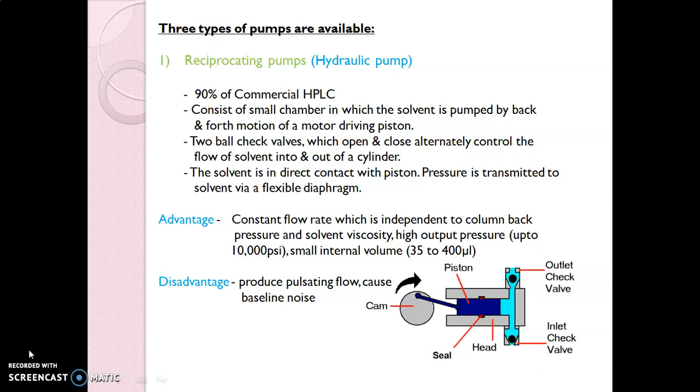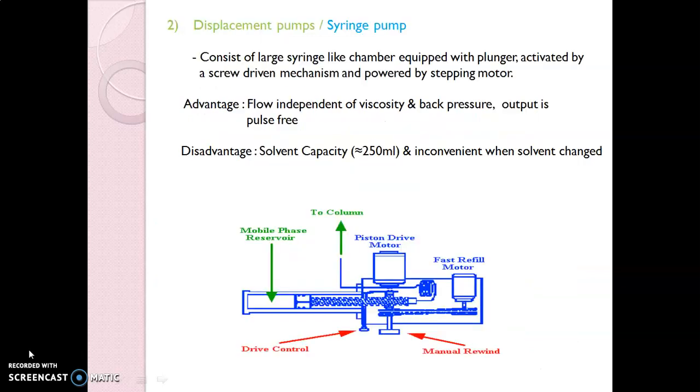The disadvantage is that it can produce pulsating flow and cause baseline noise. While passing the solvent we can get pulsating flow, but the flow is constant. This pulsating problem is very small, tiny, so it is not a major issue with this pump.